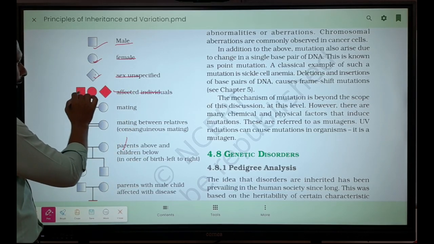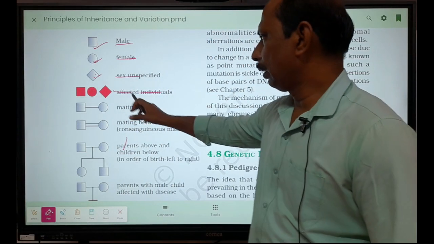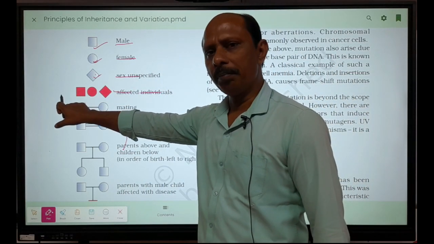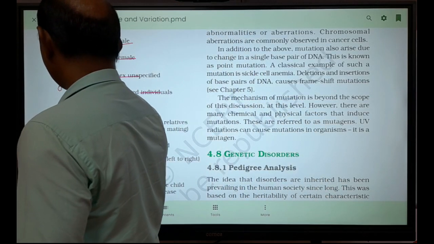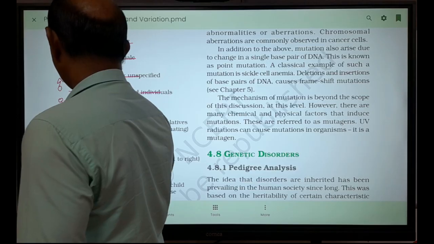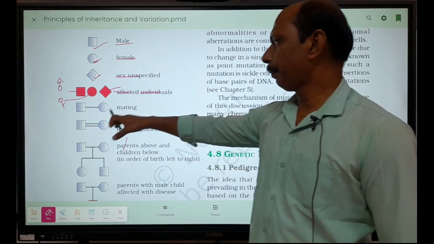Affected individuals are represented by colored or dark symbols. This one is affected male. This one is affected female, and this one is affected, unspecified, right?